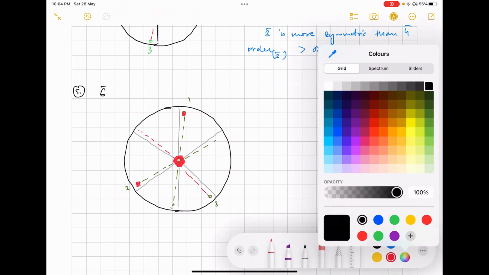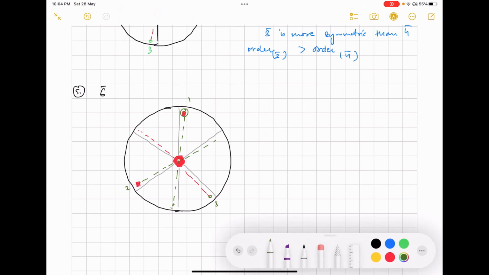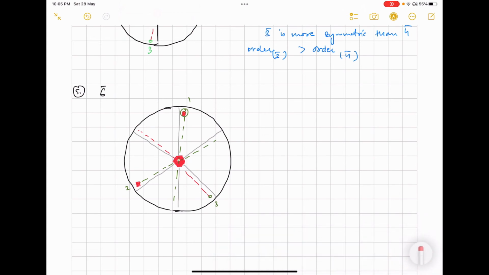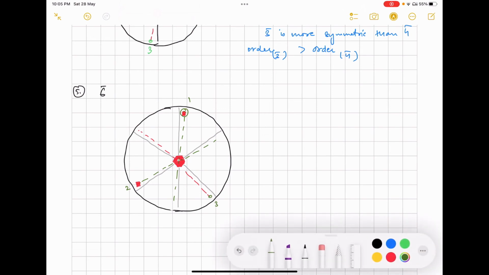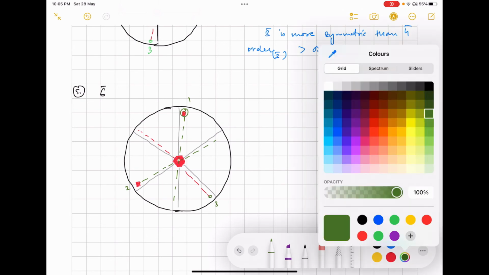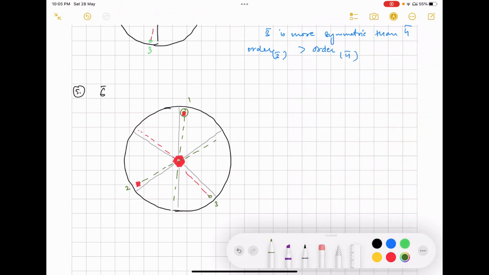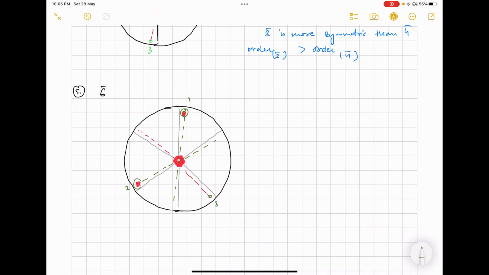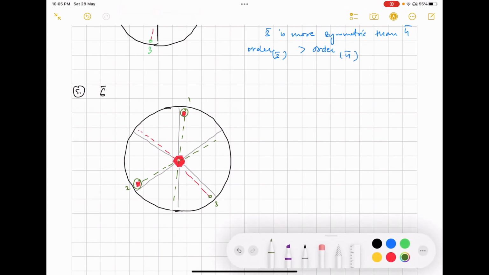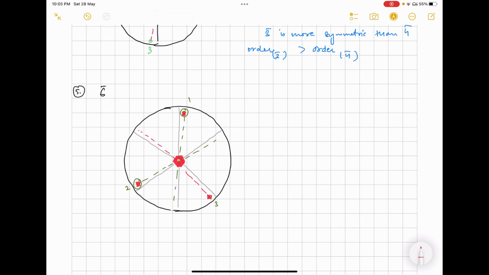Okay, I'll enlarge that other one. Now this left-handed object rotates by 60 and then reaches, and after inversion becomes this, and this after rotation of 60 reaches the location of point 3 and becomes this.